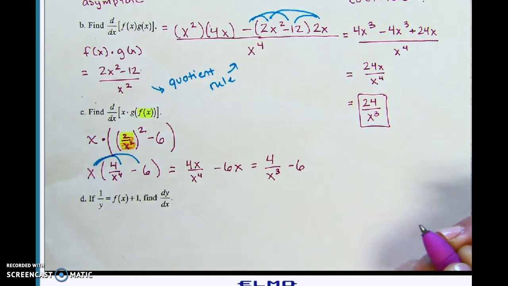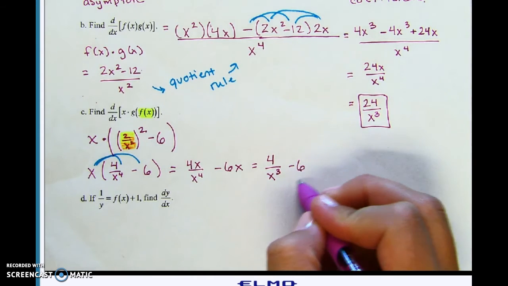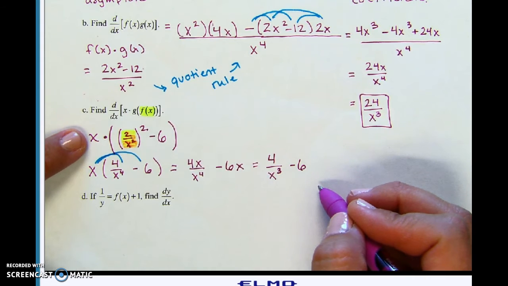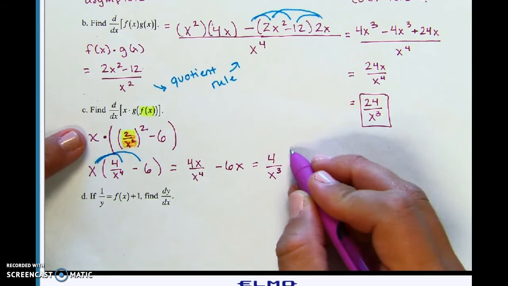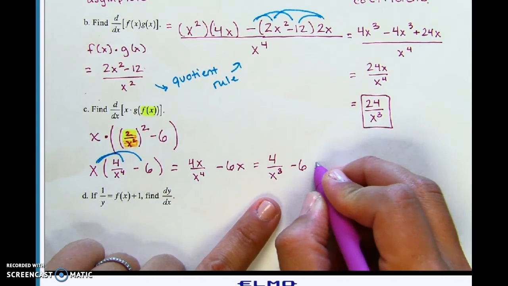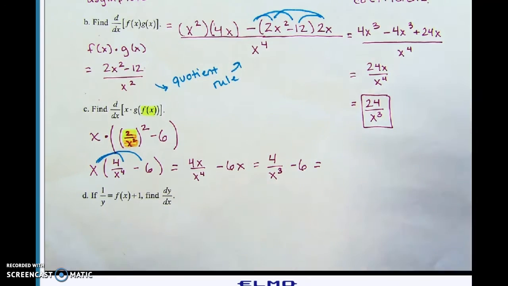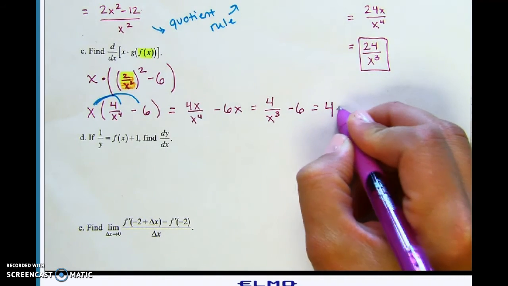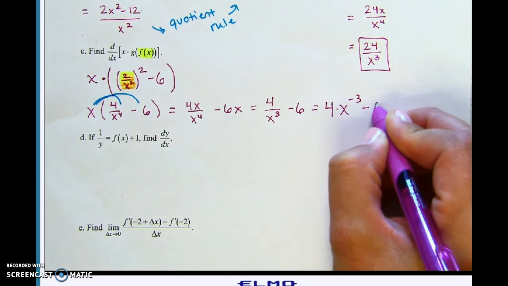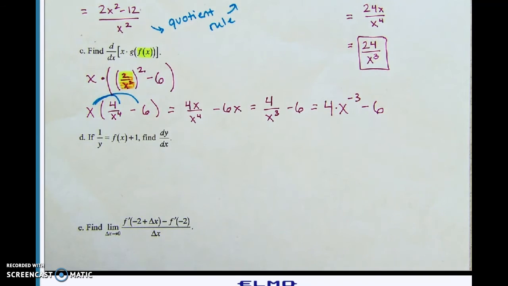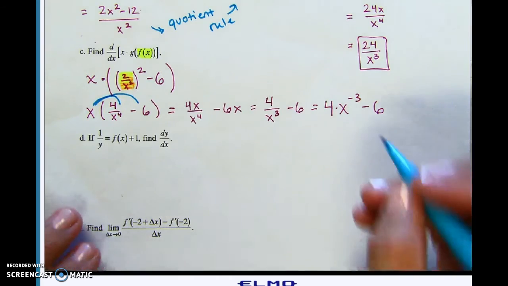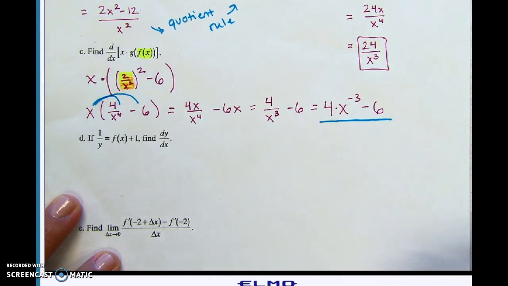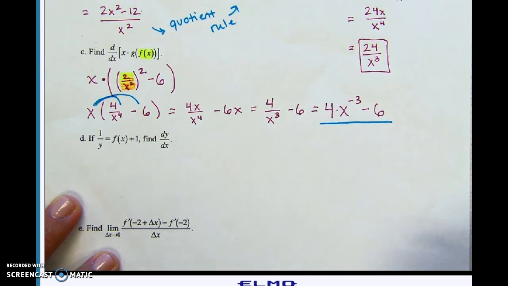Now, this is easier to take the derivative of than it was at the beginning, right? So now we want to take this derivative, but we should rewrite the first term. How do we rewrite this to make it better for the derivative? 4 times x to the negative 3 minus 6x. Okay, what is all this? This is x times g of f of x, and we're going to take the derivative of that.